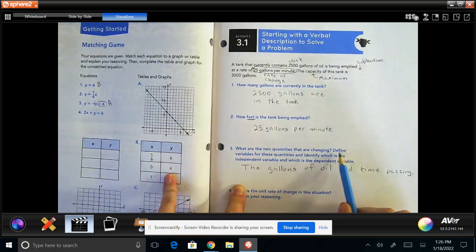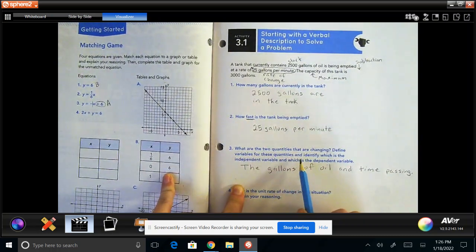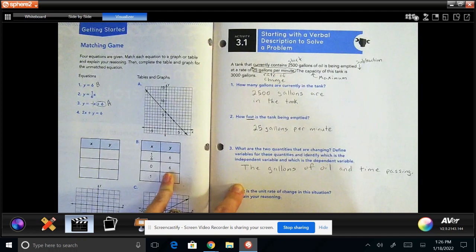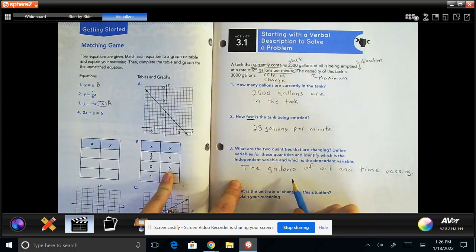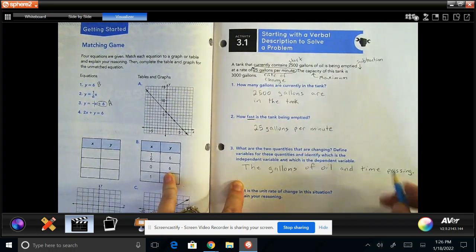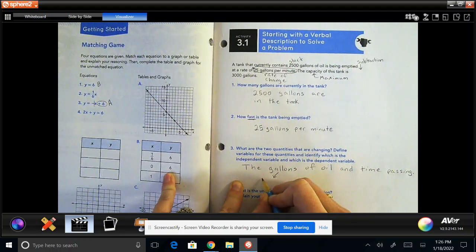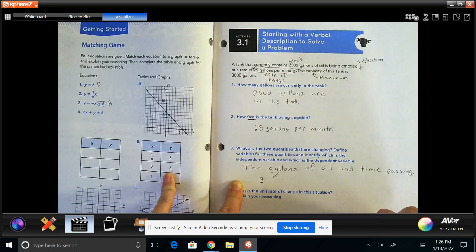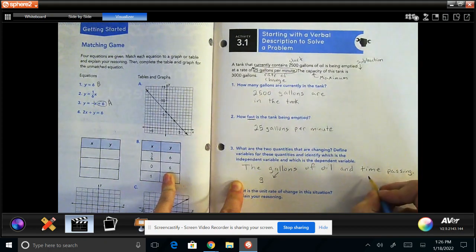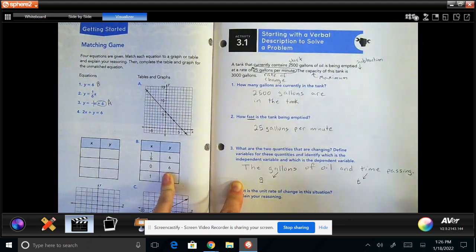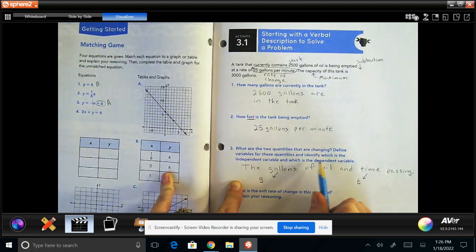Okay. Define variables for these quantities and identify which is the independent variable and which is the dependent variable. So gallons of oil and time. Let's just say that G will be our gallons of oil and T will be our time. Those are defining the variables.